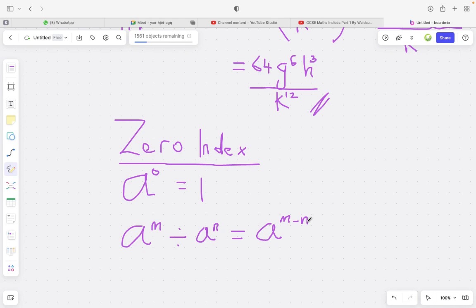Imagine they are raised to the same number. For instance, imagine that now these two are raised to the same number.